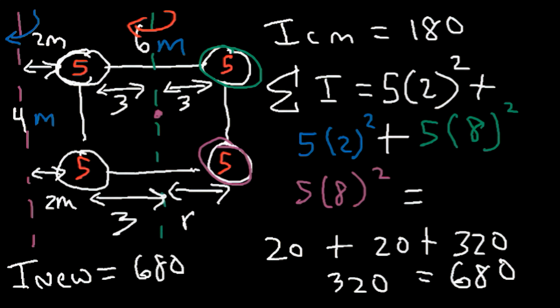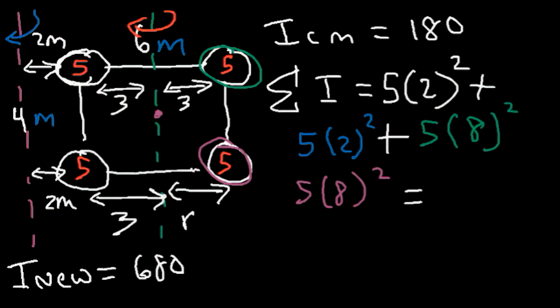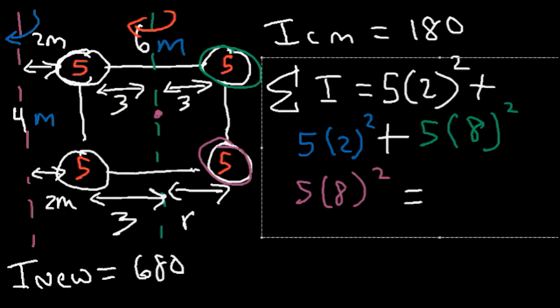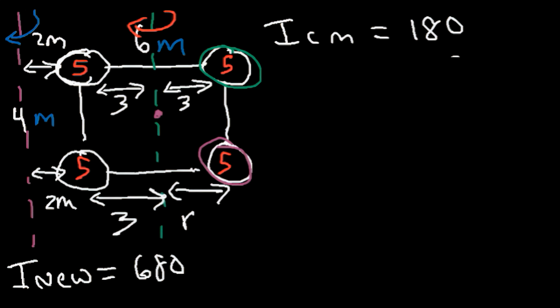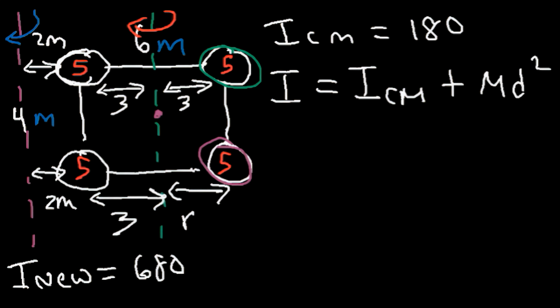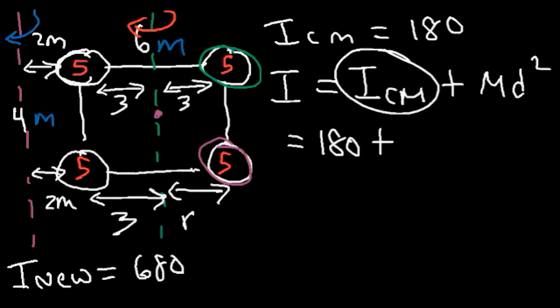So now let's see if we can get the same answer using the parallel axis theorem. So the inertia at the new location is equal to the inertia when the axis of rotation passes through the center of mass plus md squared. So we have this value. It's already 180. The total mass of the system is 20. That's 5 times 4.